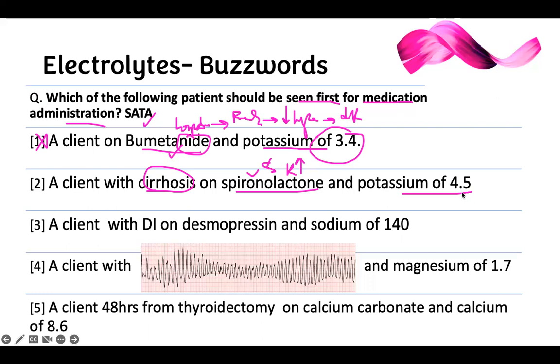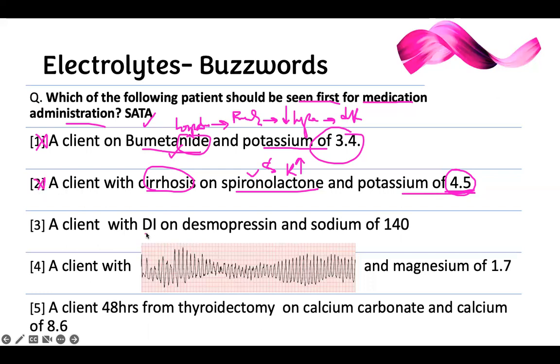It's still normal. I know it's a little bit high, but it's in the normal range. It's not 6, it's not 7. I'm not going to worry about it. Don't get distracted. So long as it's in the normal range, 4.5, you don't have to worry about this patient.